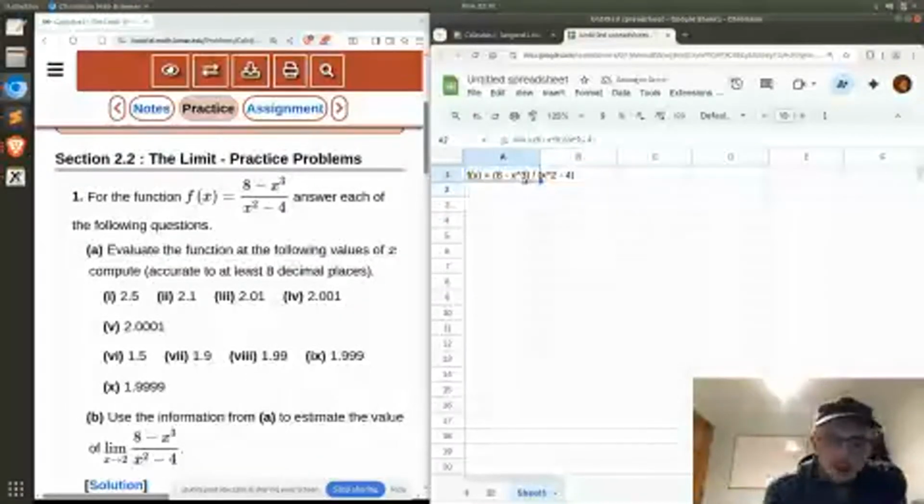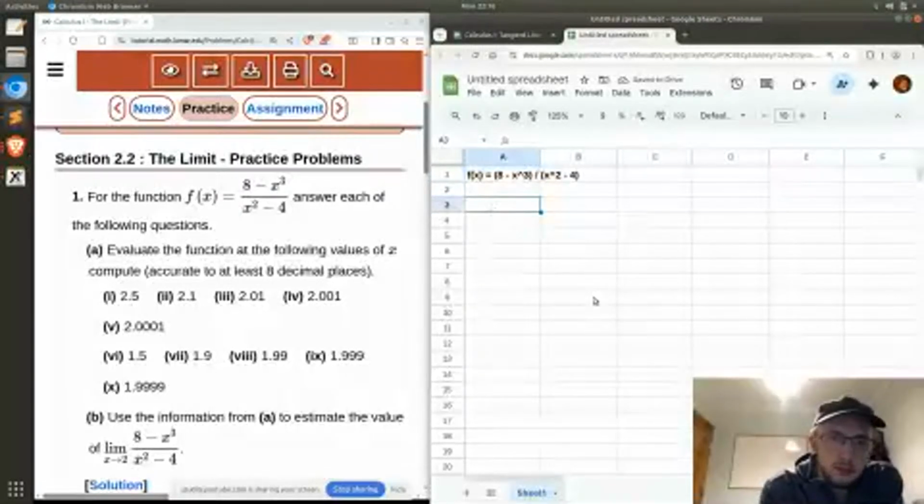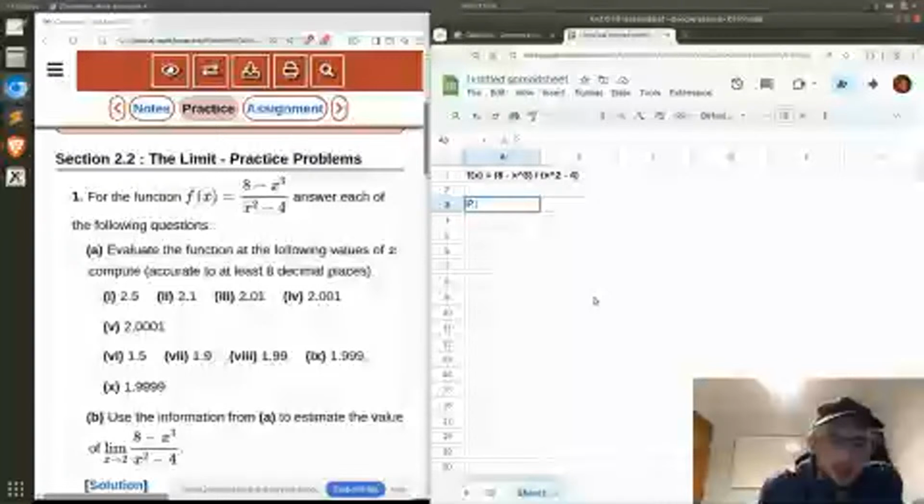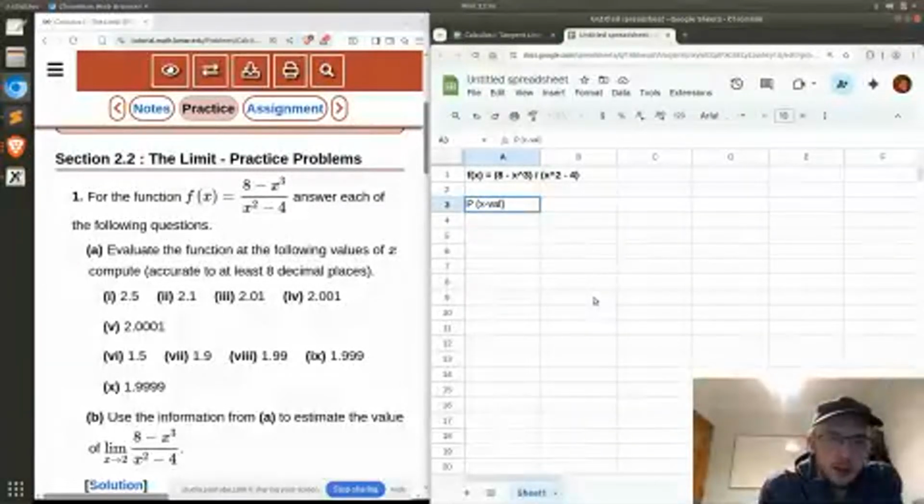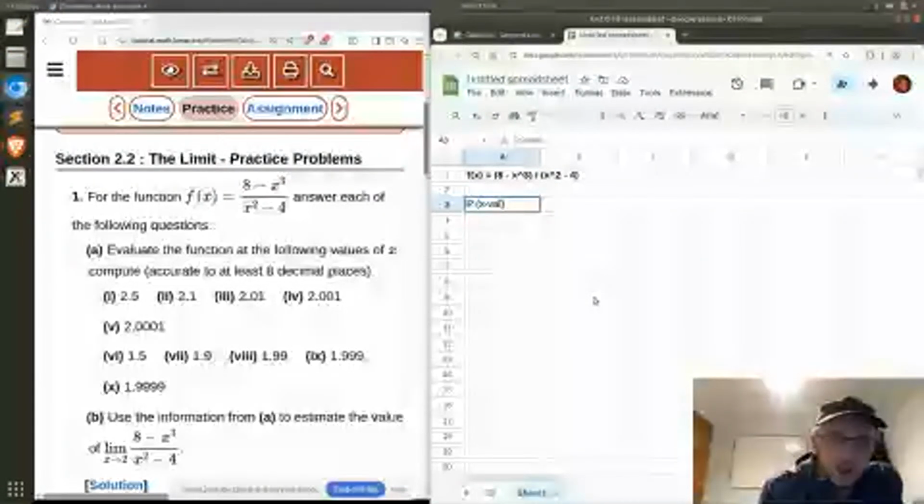There's the function. Now, we do the standard approach of having 2 points, P and Q, which serve as secants, which are homing in on the tangent value.